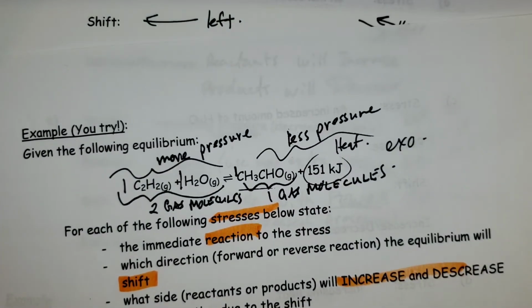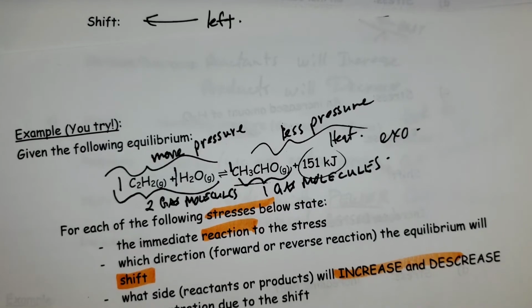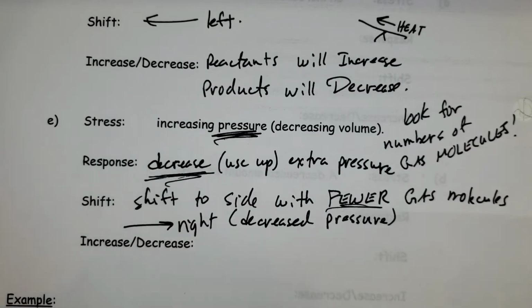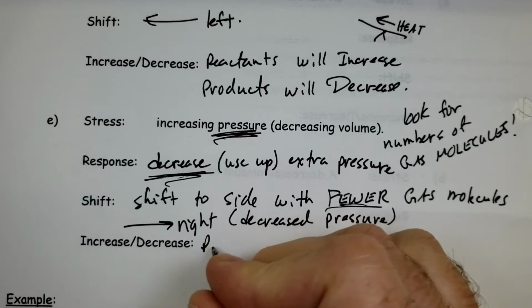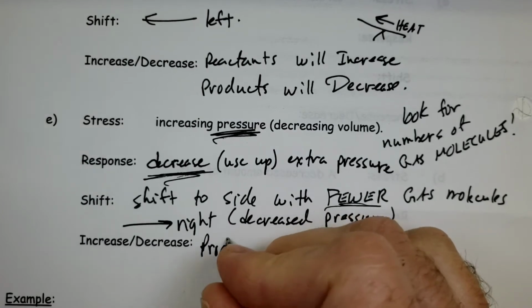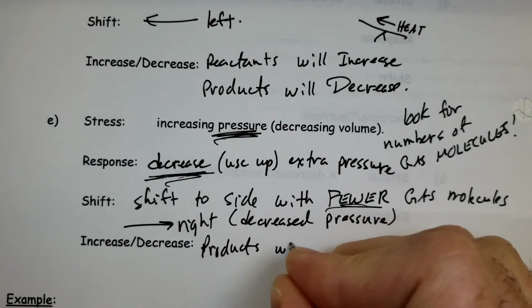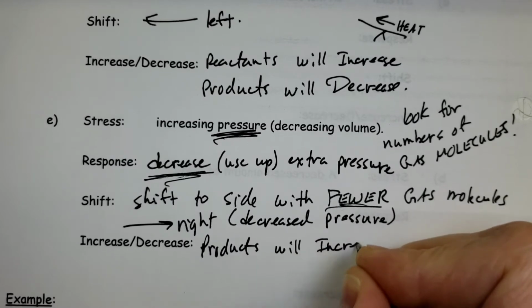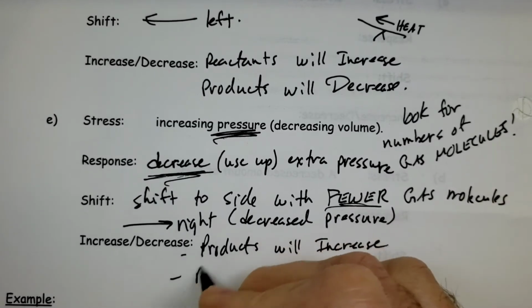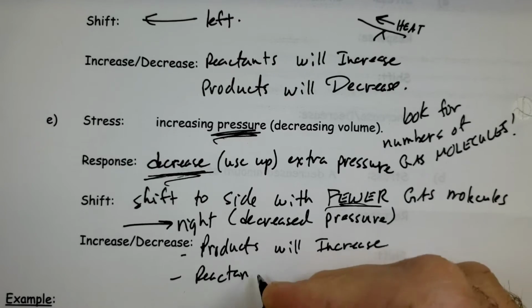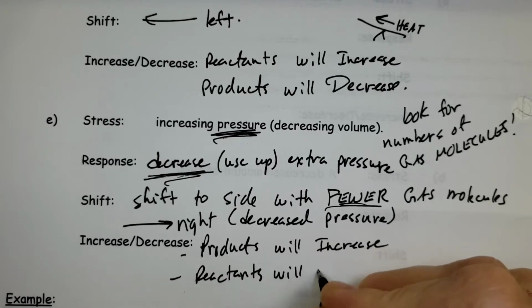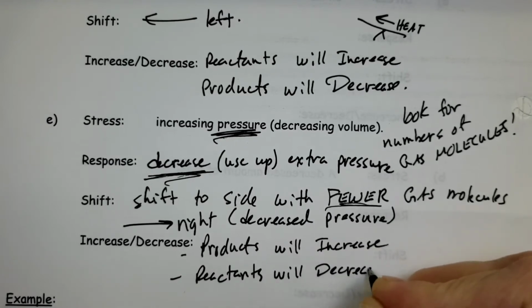So again, take a look at what's happening there and then the side that we're going to increase to because of that. So if we're shifting to the right, products will increase and reactants will decrease.